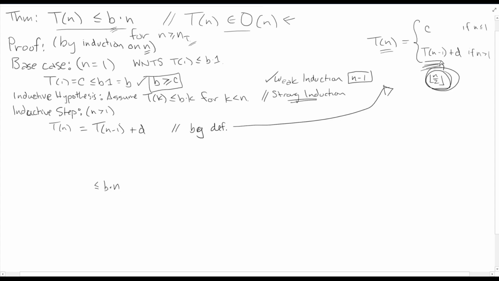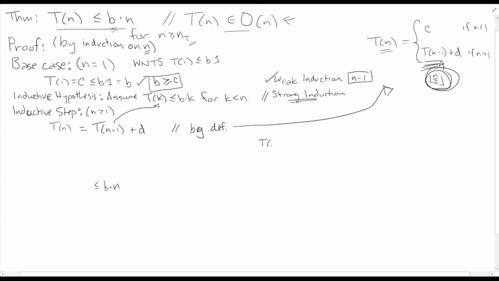Now the next step I'm going to do here is very important. I want to use now the inductive hypothesis to replace this t of n minus 1 term. And to do that, we're going to do a step of double substitution. The first thing we're going to do is take this n minus 1 term and sub it in for our k term here. So let's see what we get when we do that.